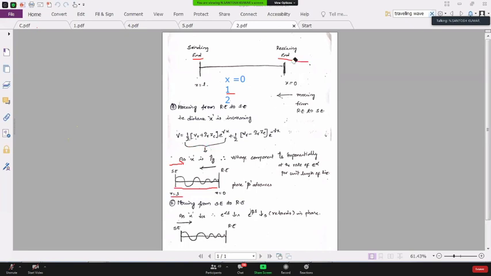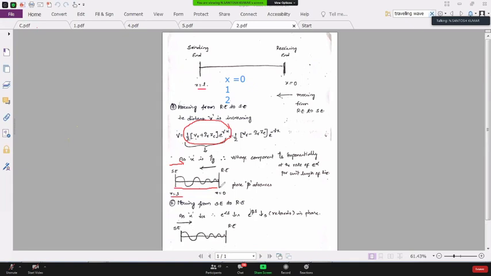The same explanation, just starting from the sending end now. At the sending end, we are at distance L, that is your maximum distance. As the reference is the receiving end, as you move towards it, x is decreasing. When x is decreasing, this component will decrease.